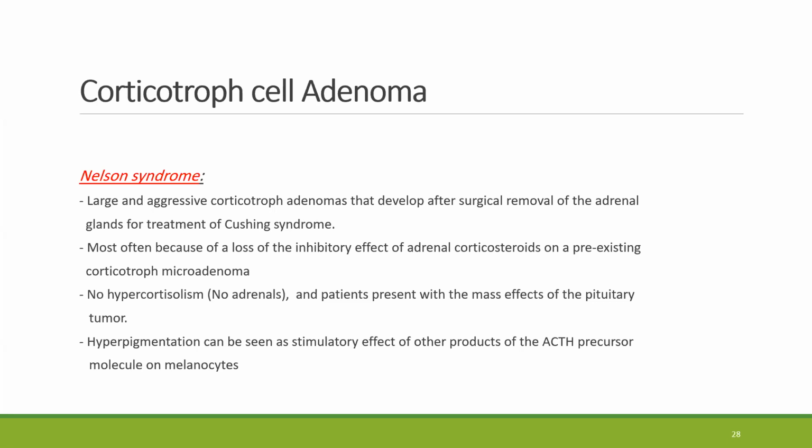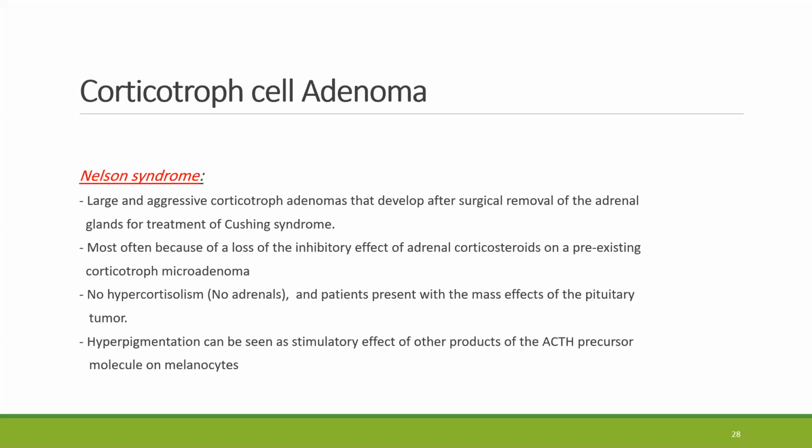If we take the adrenal gland, we don't have the negative feedback to the pituitary gland. In this case, in rare cases, we see large aggressive corticotroph cell adenomas in the pituitary gland.